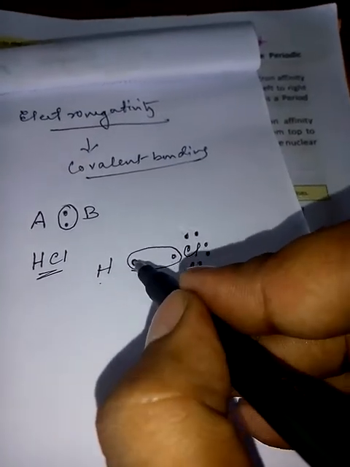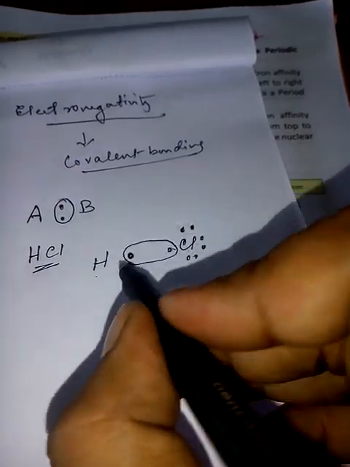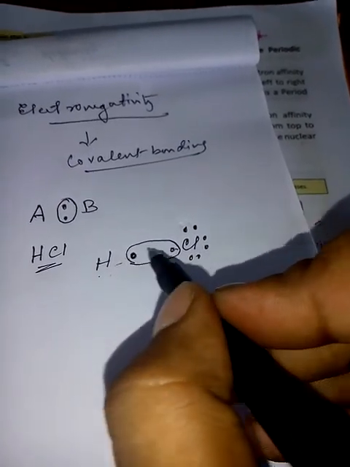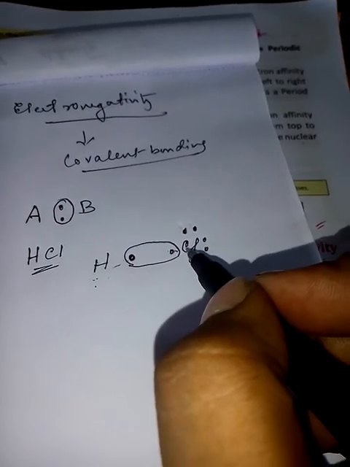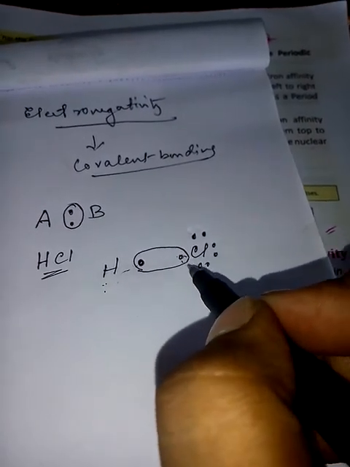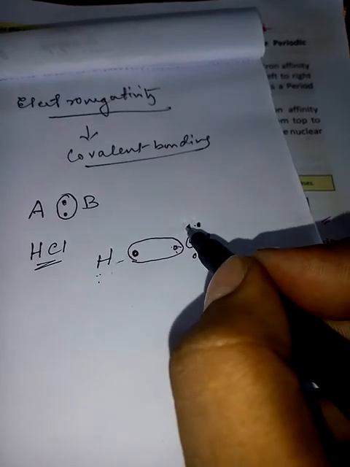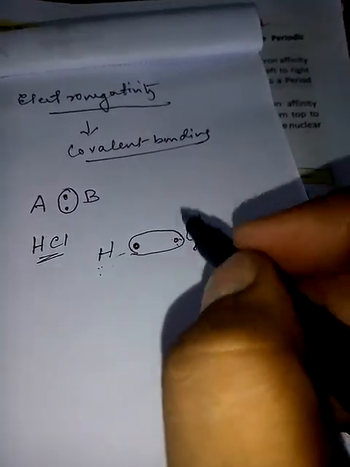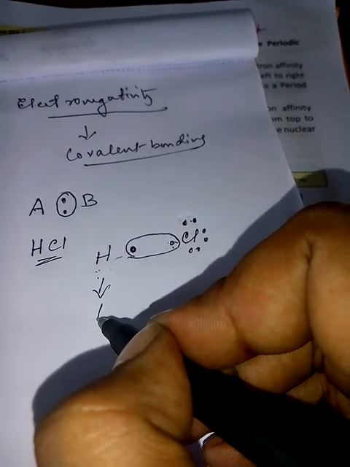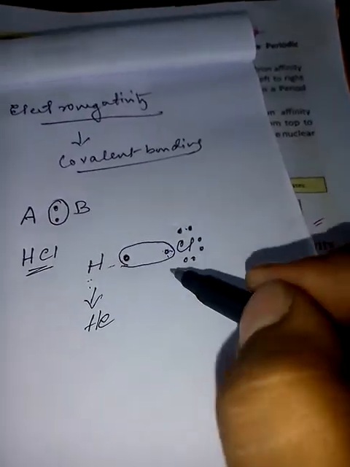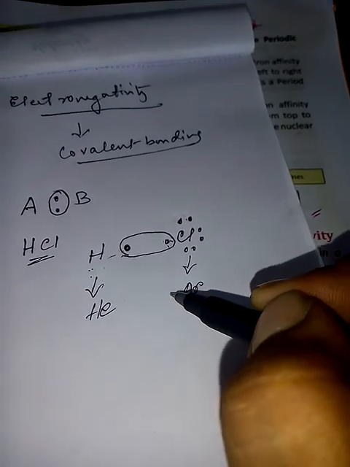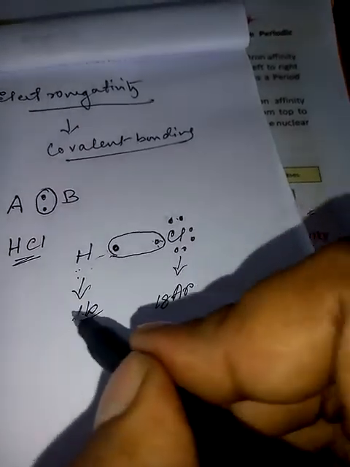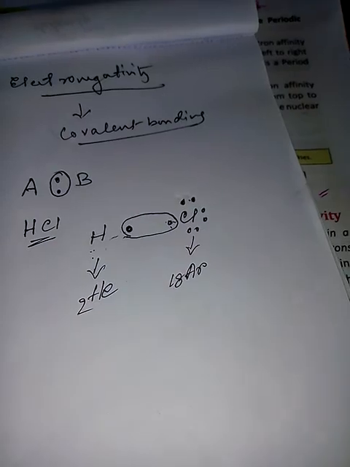Hydrogen already has one electron, and with another it completes its duplet, whereas chlorine completes its octet: 1, 2, 3, 4, 5, 6, 7 and then 8. So hydrogen has acquired the nearest noble gas configuration of helium, whose atomic number is 2, whereas chlorine has acquired that of argon, whose atomic number is 18.